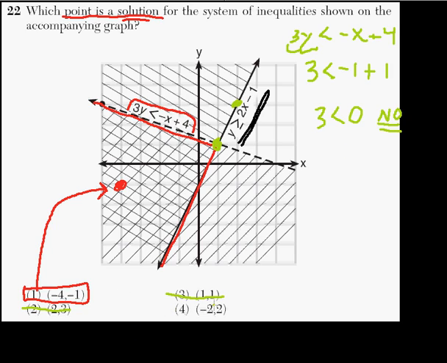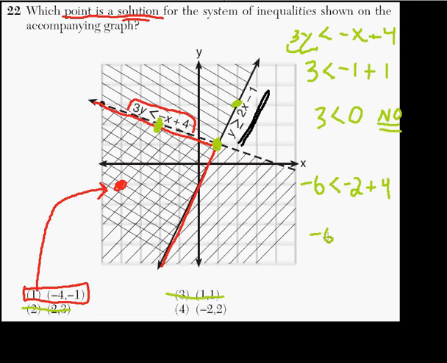And then the other point is -2, 2. So we go -2 and then up 2. And once again, we have a point that's on this line. If we substitute it in here again, we have 3 times -2. That's -6, and that should be less than -2 plus 4.